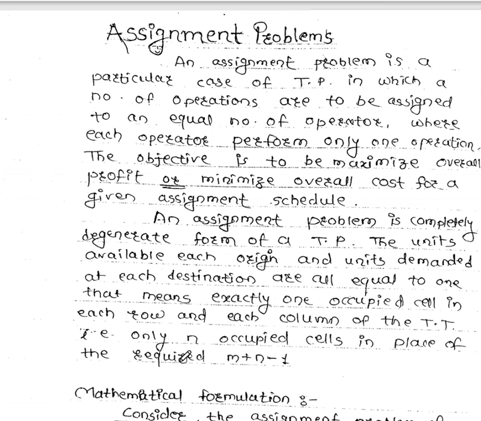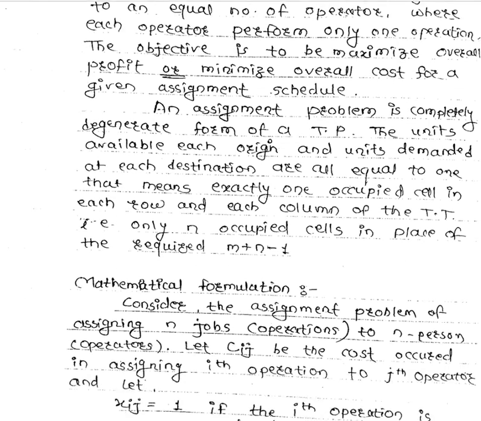That means we have only m plus n minus 1 required occupied cells in an assignment problem. So this is the assignment problem definition, which is nearly equal to the transportation problem. The aim of both problems is the same.